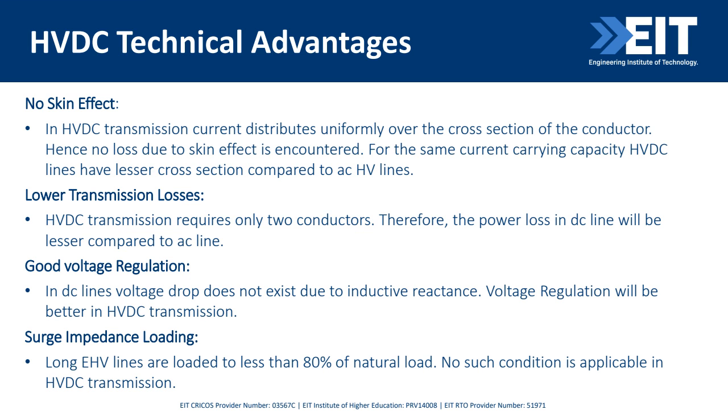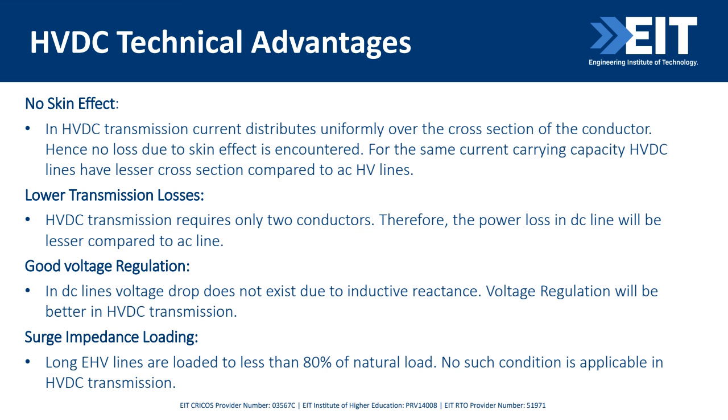Whereas with AC, after several distances, we need some kind of voltage regulation to keep it at a constant or relatively constant voltage. And surge impedance loading: long EHV lines, extra high voltage lines, are loaded to less than 80% of natural load.